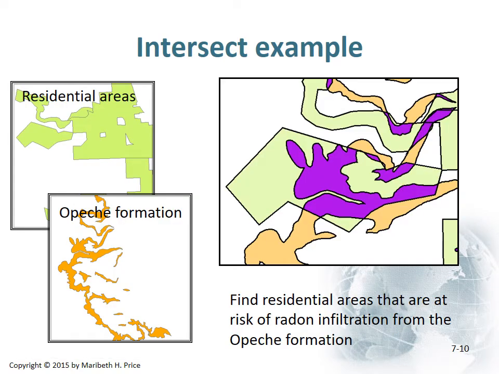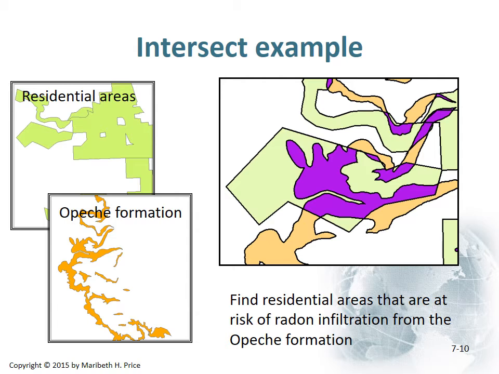Intersection here, an example of why we might want to do this. If we have two different spatial geometries for very different environmental and human demographic information, residential areas is a polygon, and something known as the Opeche Formation, which is a rock formation, a geological unit, happens to be associated with radioactive materials, rocks that produce radon gas.